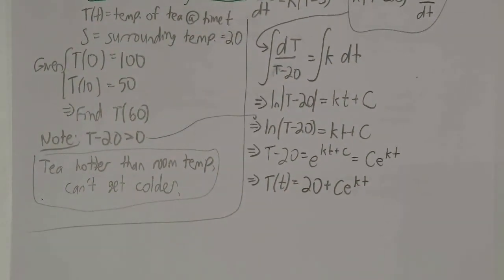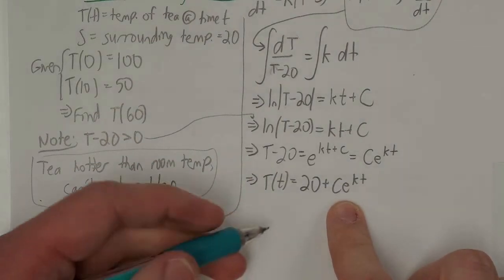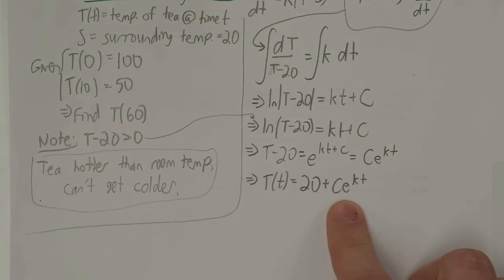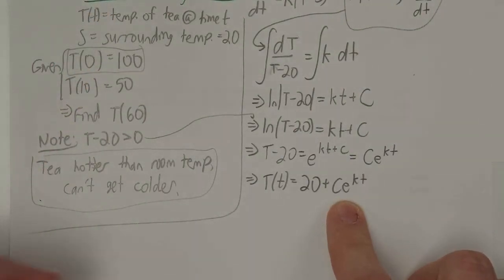Okay, so from here, let's go ahead and start solving for our constants. If this is the general solution here, let's start by first finding c since we have initial data here. That is, we have T of 0 equals 100.